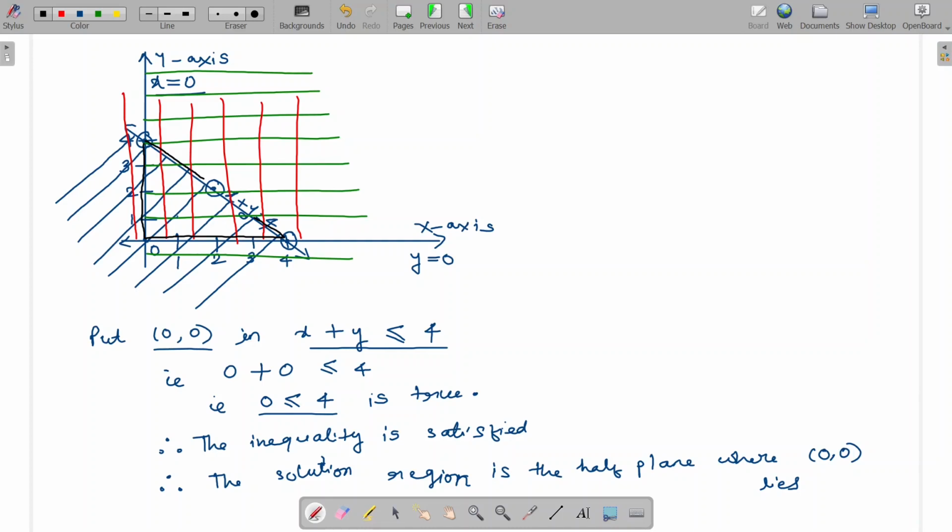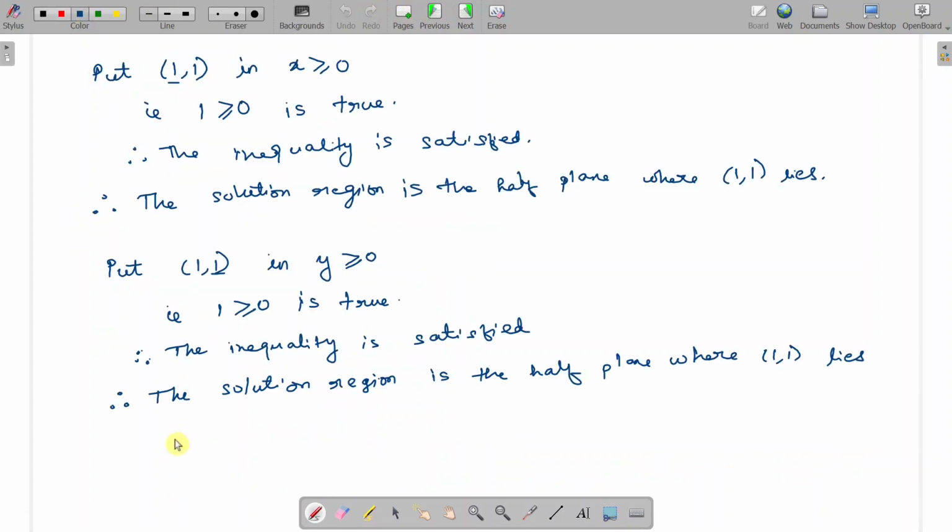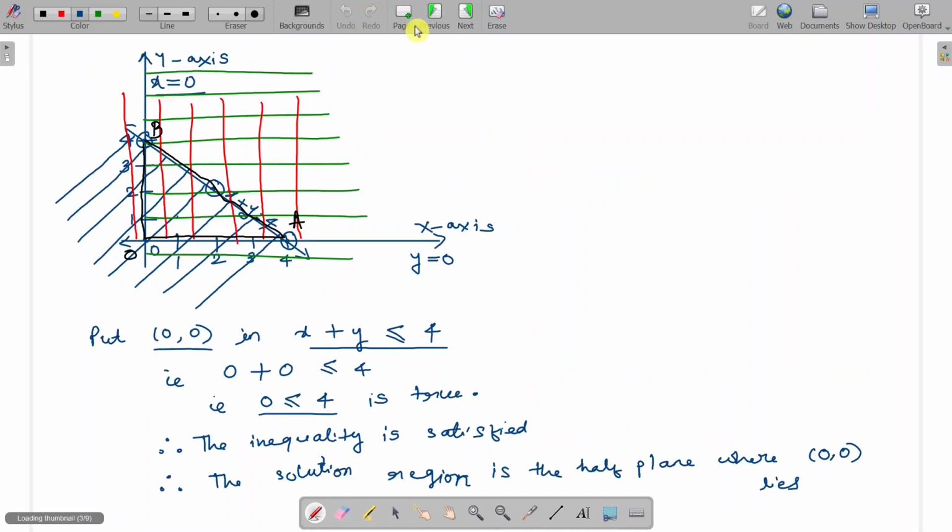Okay, here, we label this as origin O, this we can call A, and this B. Okay, so therefore the feasible region is what? Therefore the feasible region is OABO.